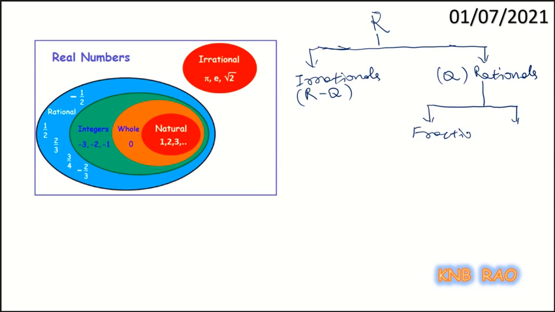fractions, then integers, and here non-fractions.